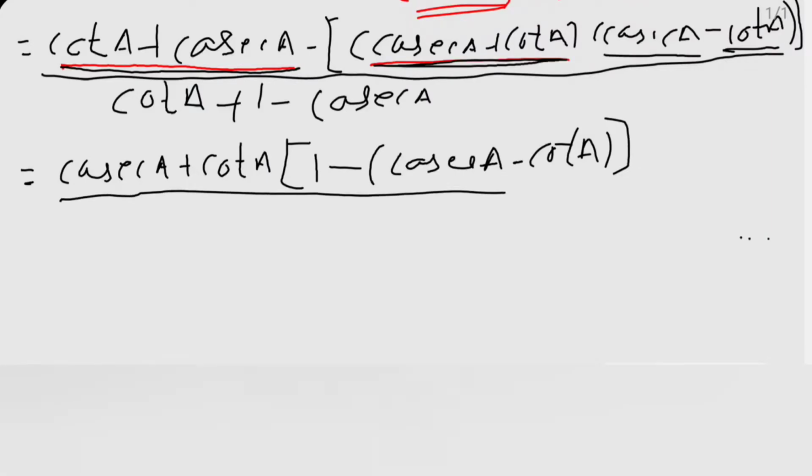Then this divided by cot A plus 1 minus cosec A as it is.